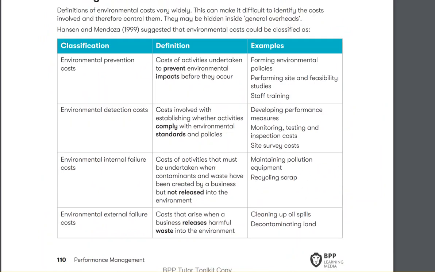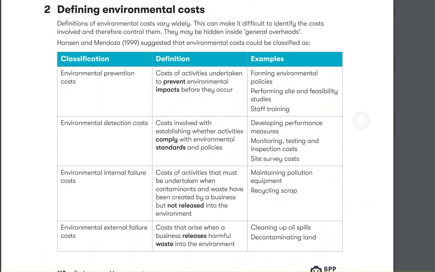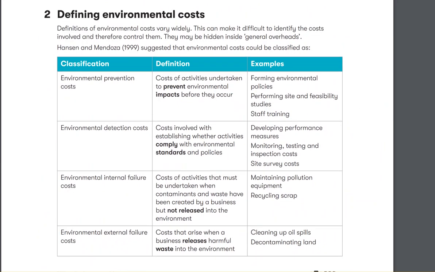Okay, defining environmental costs. Hansen and Mendoza in 1999 suggested that environmental costs are divided into 4 categories. The first one is environmental prevention cost. It is preventing waste from happening, for example, preventing the environmental cost from happening in the first place.